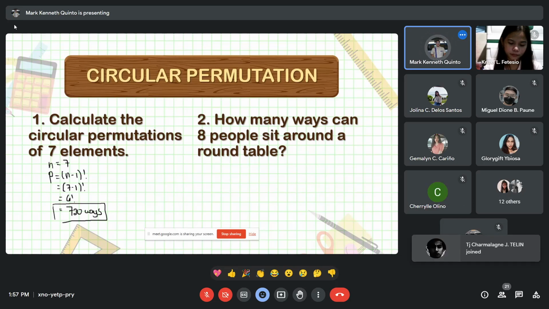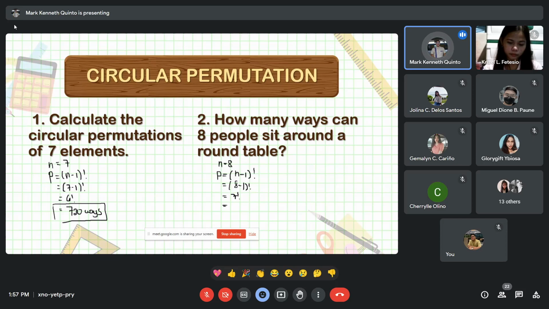Okay, next, for our number 2. How many ways can 8 people sit around a round table? We have the value of our n is equal to 8. And the formula is permutation of n minus 1 factorial. So therefore, we have 8 minus 1 factorial. So 8 minus 1, that is actually 7 factorial.